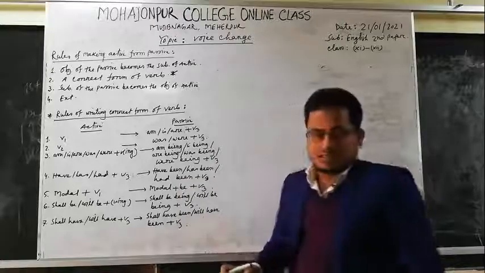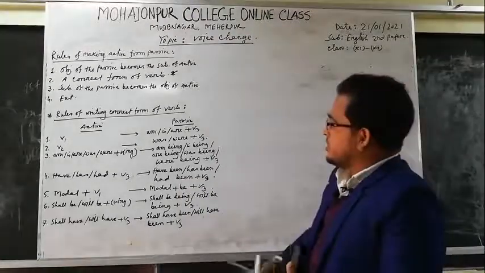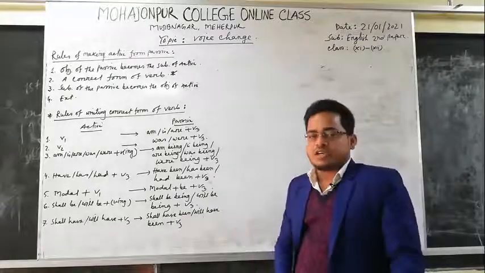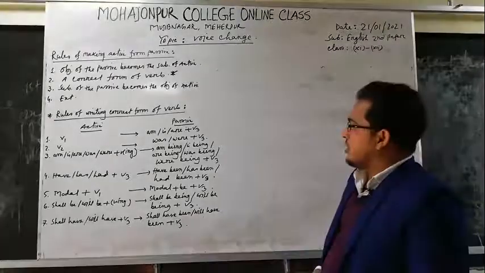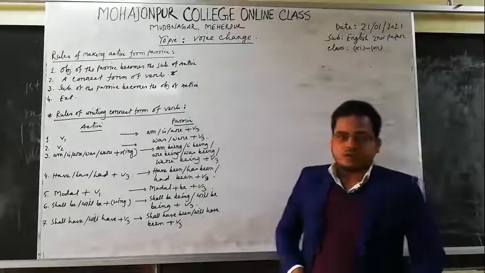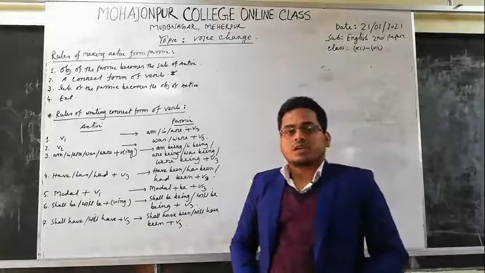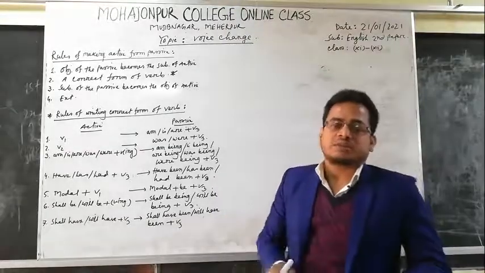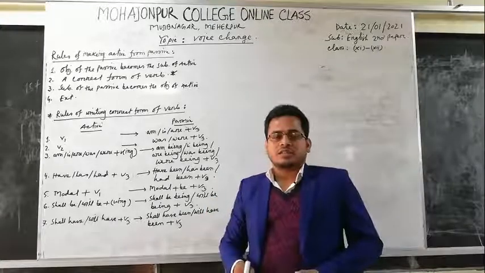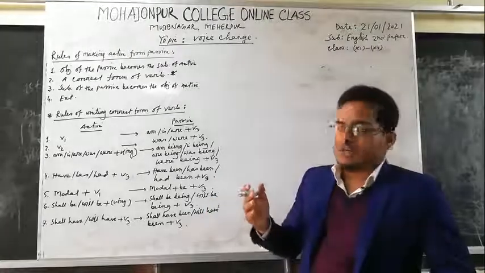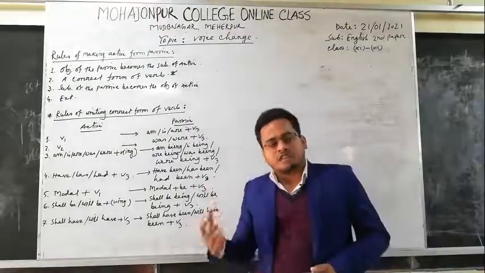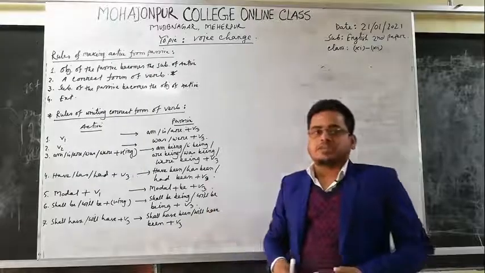My dear students, so these rules are very important for you to make an active voice from a passive voice. Now my dear students, very important thing for you, if there is no object in the passive voice, then you have to write an appropriate subject according to the meaning of the passive voice.